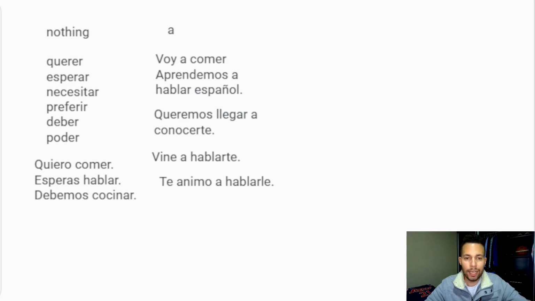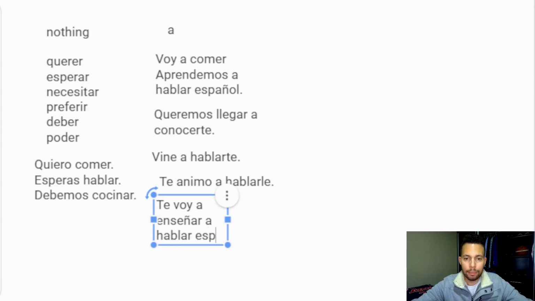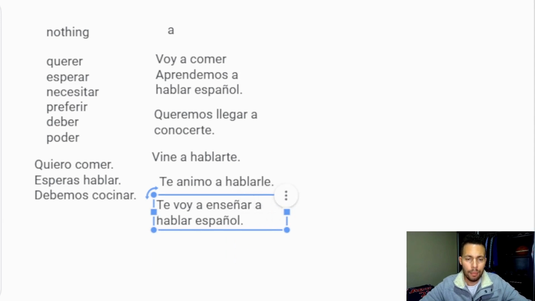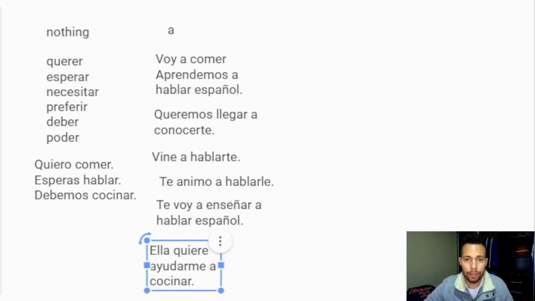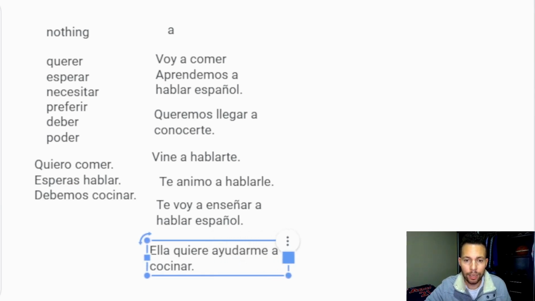Maybe something like te voy a enseñar a hablar español. And maybe one more. Ella quiere ayudarme a cocinar. Ella quiere ayudarme a cocinar.